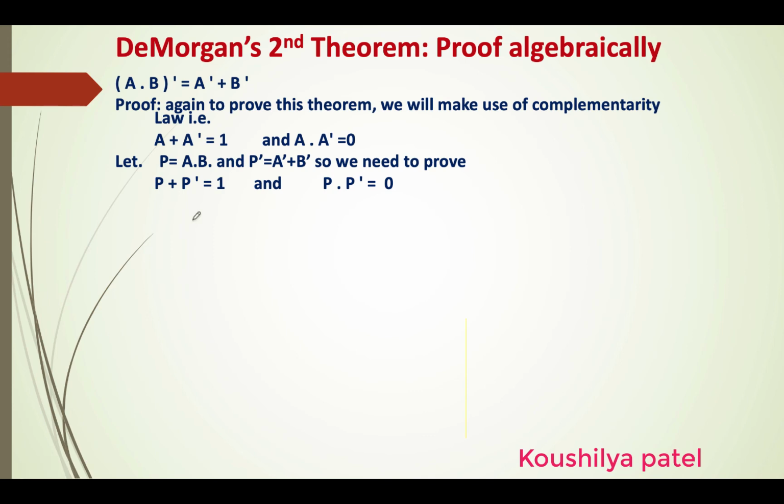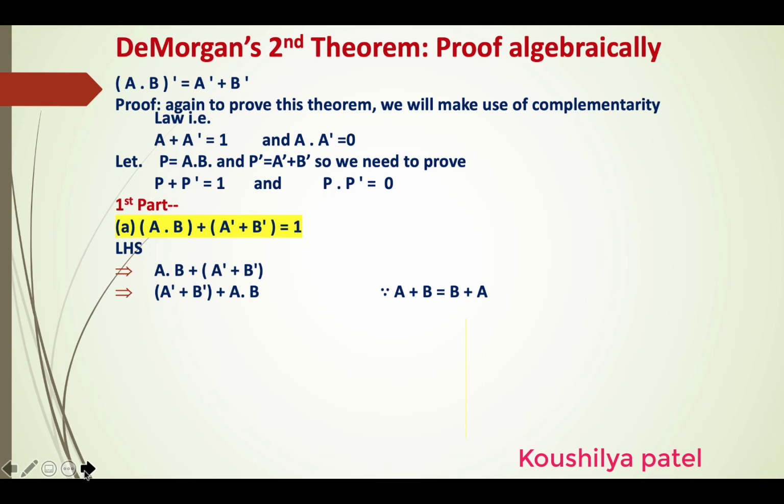So we need to prove again P plus P dash equals 1 and P into P dash equals 0. We'll take the first part. First part is now A into B plus A dash plus B dash equals 1. Start from the left hand side. Left hand side will be A into B plus A dash plus B dash.